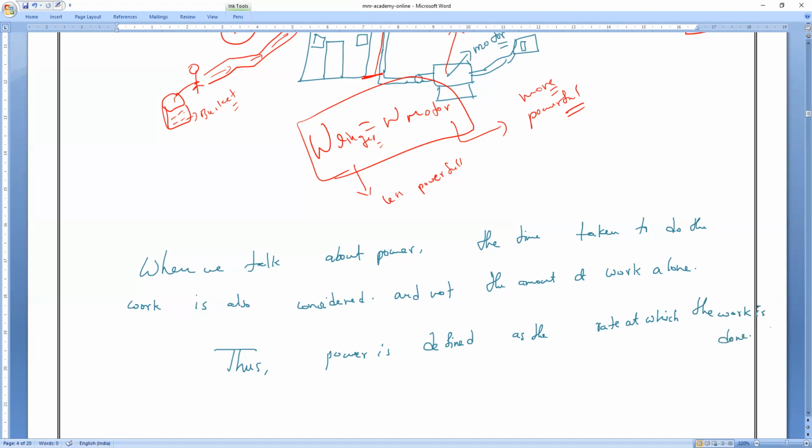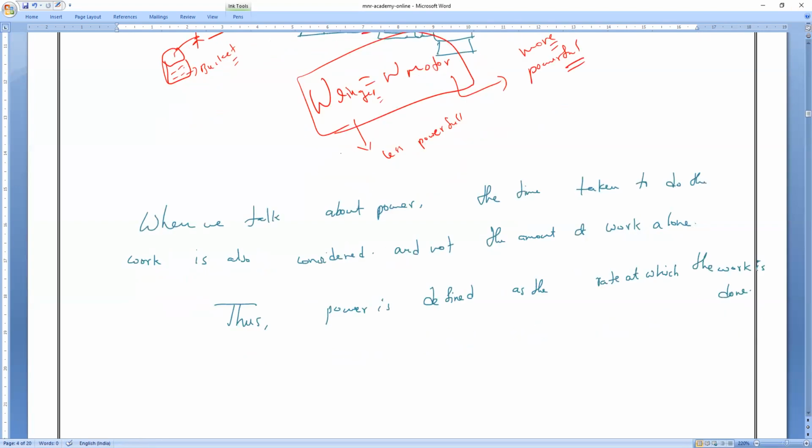Rate at which work is done is only called as what? Power.